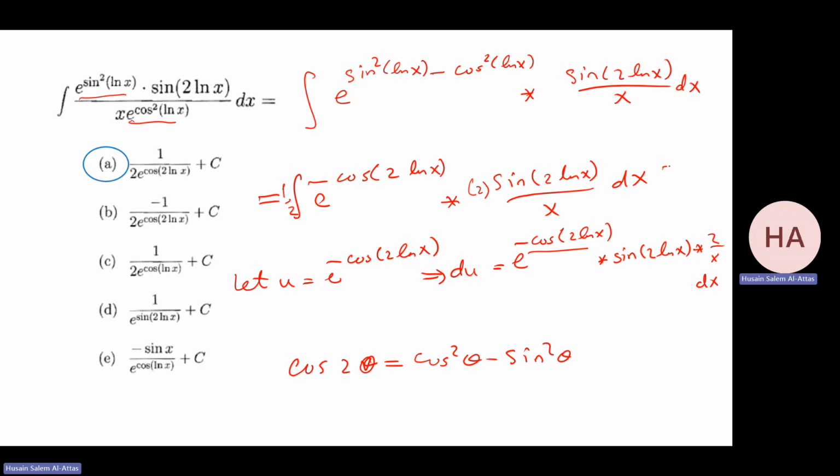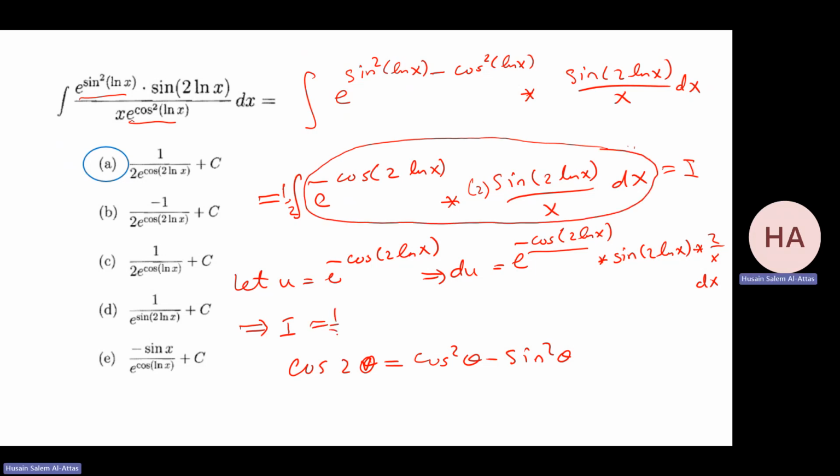This is called I. So I will be, all of this is my du. So it will be half the integral of du, which is u. That will be half u plus c.